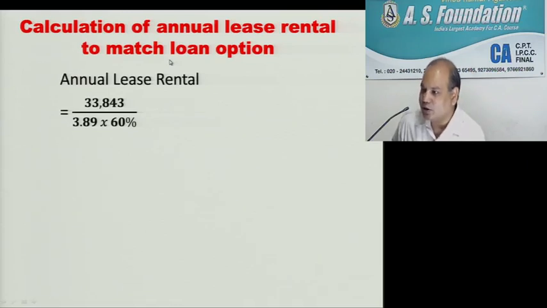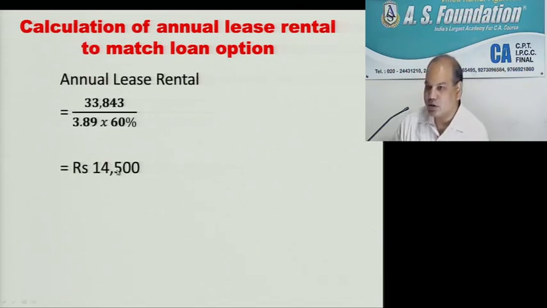That will give you the annuity, but that is a post-tax figure. Again divide by 60%. Tax rate is 40, divide by 60. If tax rate was 30, then divide by 70. If tax rate is 35, divide by 65. So the answer is finally 14,500.